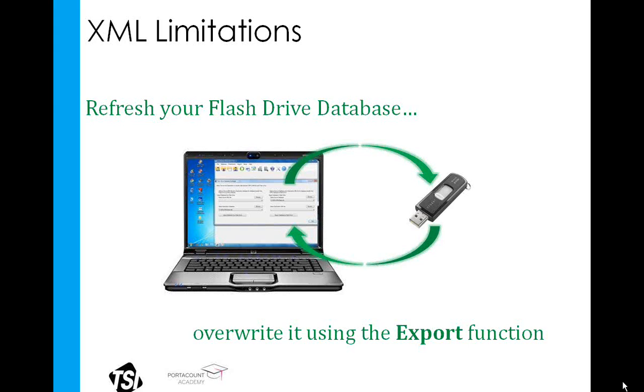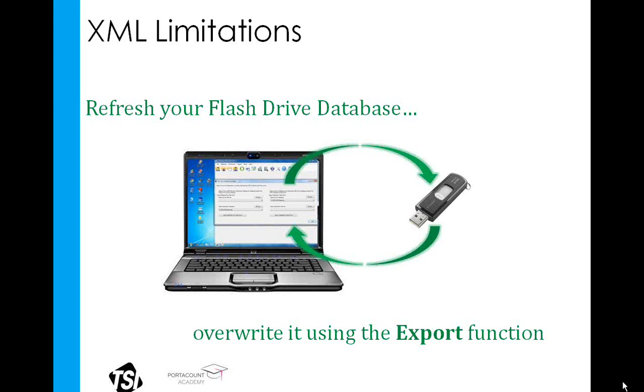When we perform the export function, we do not export the fit test table. We only export the people records and the respirator records. Those are brought over into the flash drive database during the export process, but not the fit test records. And that's all right, because the fit test records should be safely in our FitPro database.